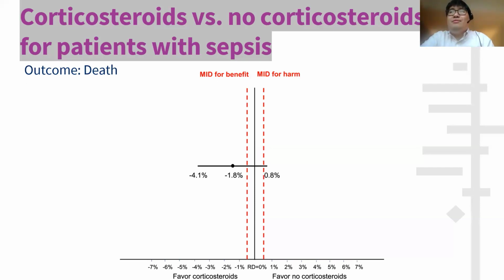So as a sample here, when we talk about this minimally important difference for benefit, it's 1%. That's, sorry, 0.5%. So there's a 0.5% reduction in death compared to the baseline risk.